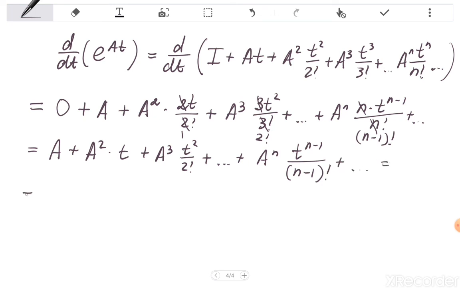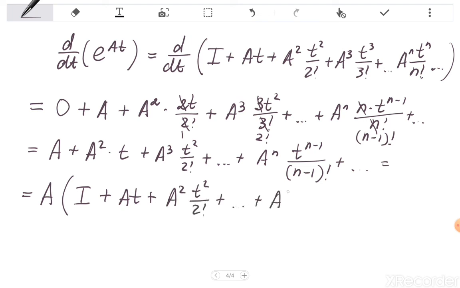What can we do now? We can take out this A. What we left inside the brackets: here we have the identity matrix, here we have just one A left, here we have A squared, plus and so on, plus A with n minus 1 power left.